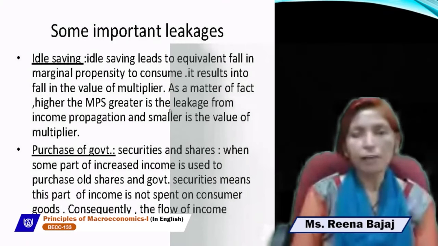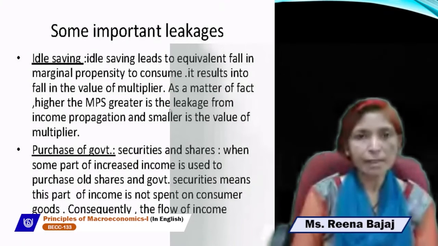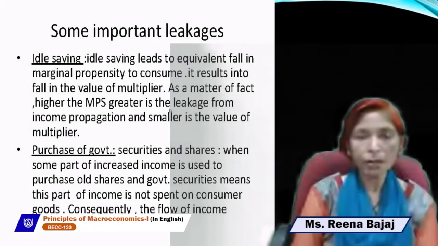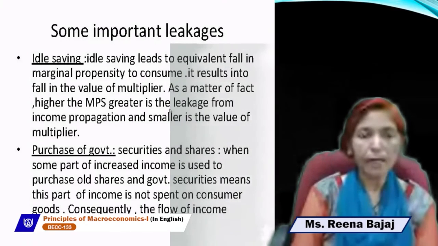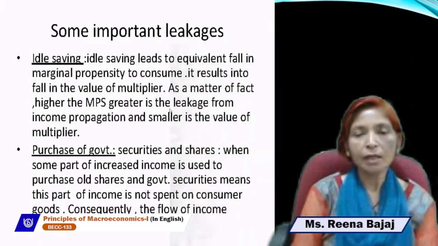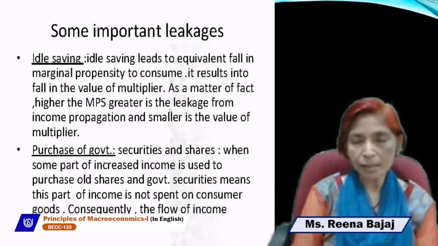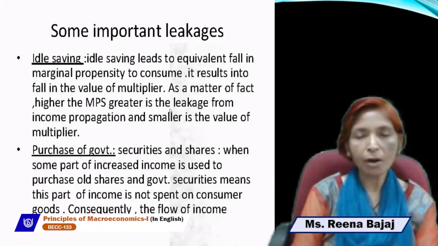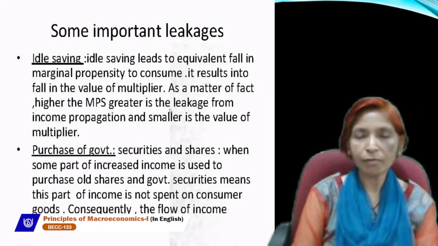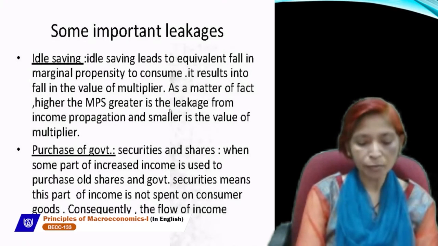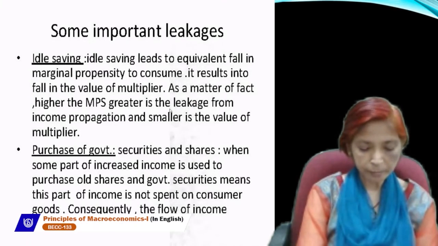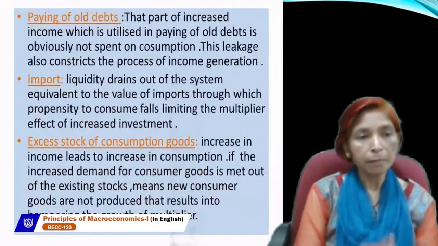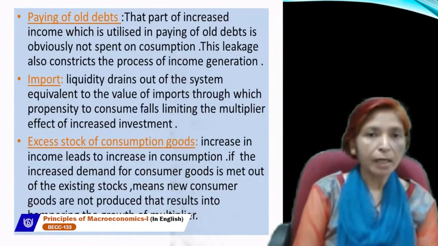If we invest our money on financial assets like shares, bonds, debentures, etc., this part of income is not spent on consumer goods. And if consumption goods expenditure does not increase, then multiplier will not work positively, and in this case flow of income will fall and multiplier will work negatively.